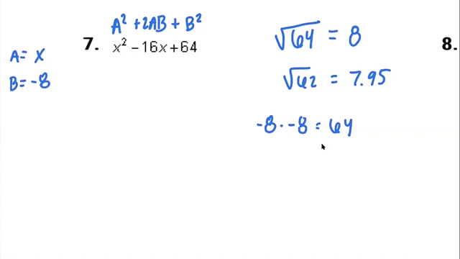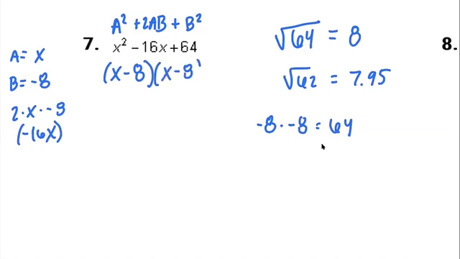If I multiply 2 times x times negative 8, that'll give me my negative 16x. So this still goes in the form x minus 8 multiplied by x minus 8, and that then gets simplified further to x minus 8 squared.